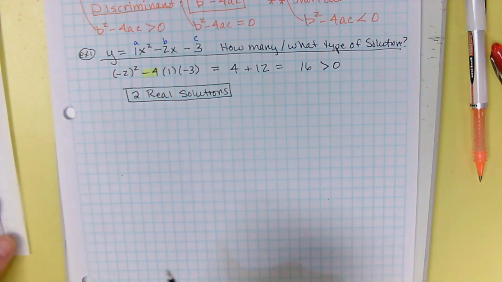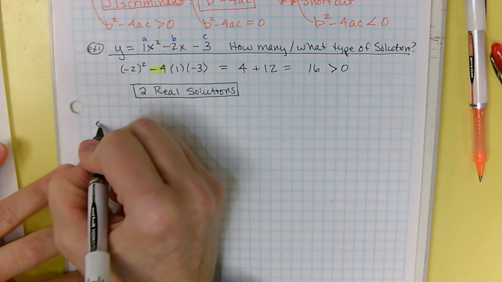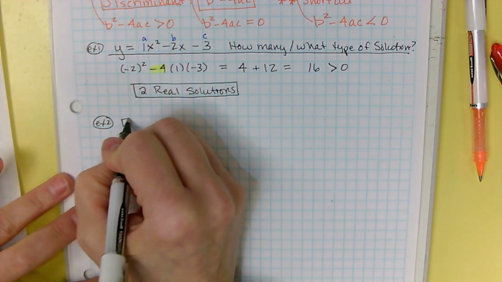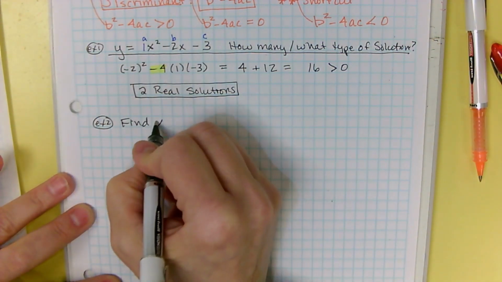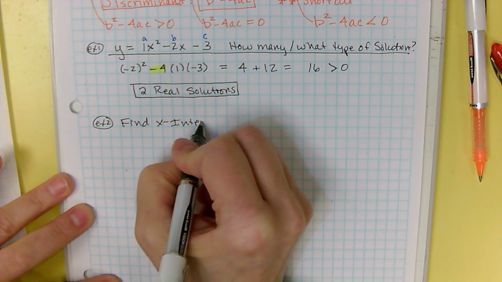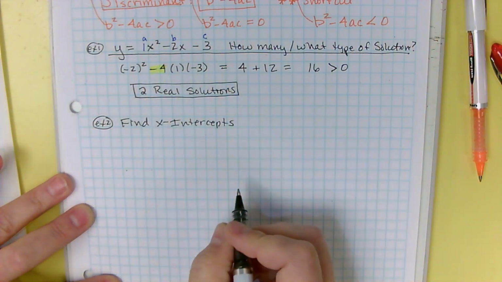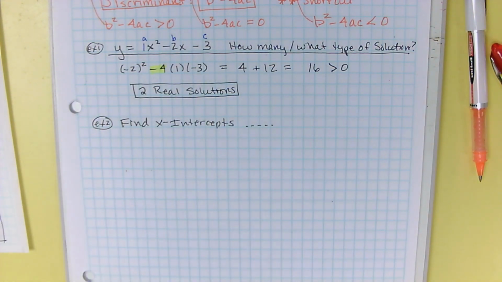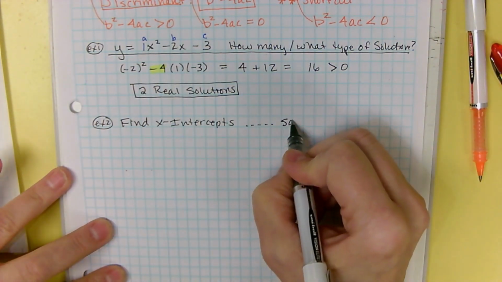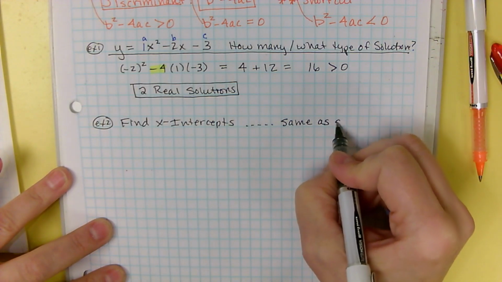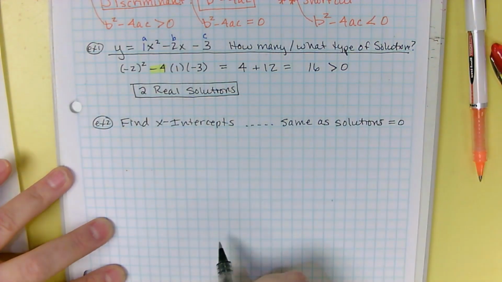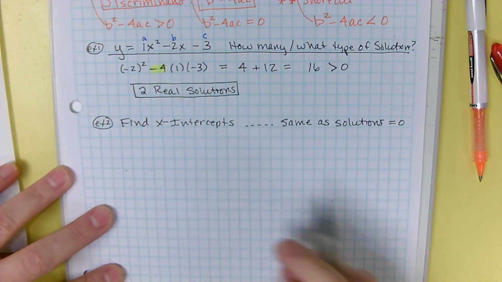It's pretty quick. All right, the very last thing we're going to do today, we're going to find the x-intercepts of a quadratic. And when you do x-intercepts, it's basically the same as trying to find solutions. You still make it equal to 0, you still use the quadratic formula.